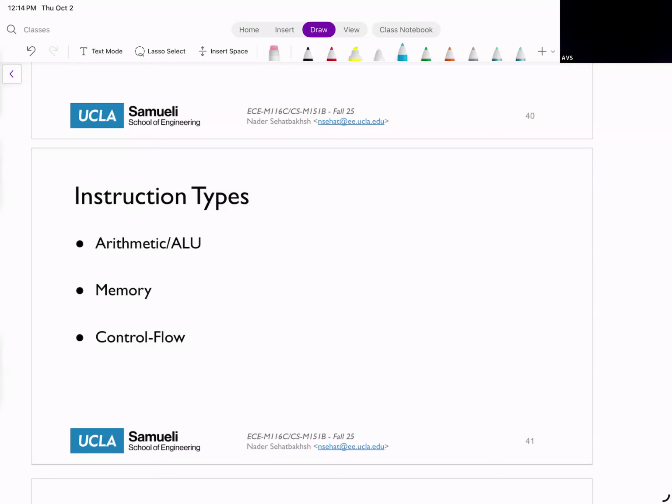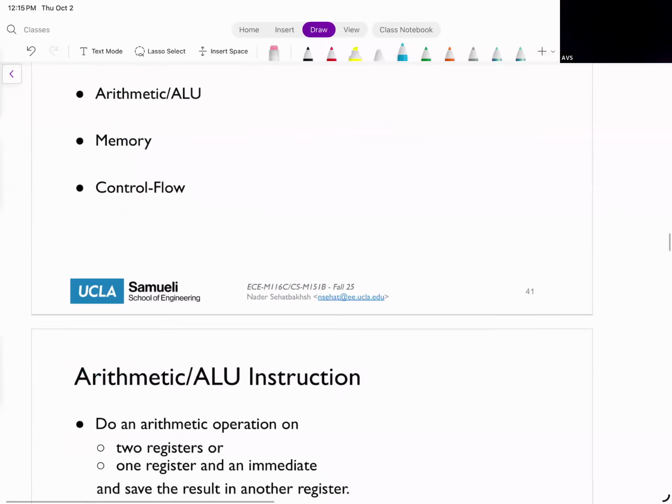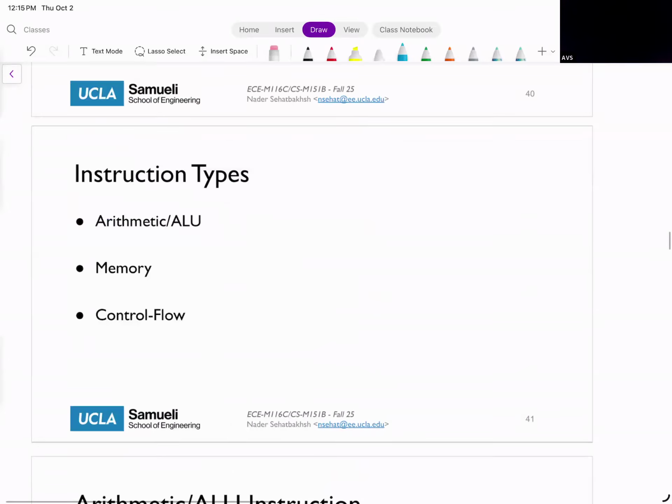Remember, we have a bunch of different loads and stores, and now we need to understand how we handle the data size and sign extension. And then we have the control flow operations, which basically tell us which instruction we should read next. I'm going to talk about control flow operations in detail soon.